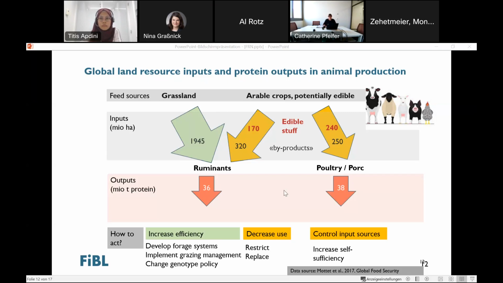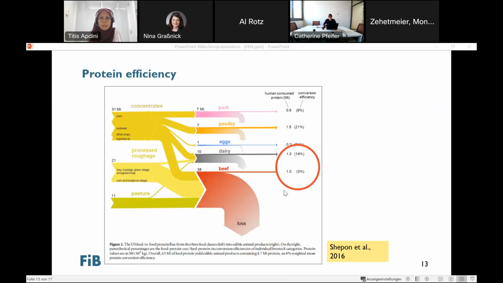Well, we understand ruminants, non-ruminants. We found this paper, which I don't even want to go fully into the detail, but what you see is the conversion efficiency. So how much protein do you get out from the product that went into the animal? Well, clearly those animals or products which are in direct competition with human food perform better, like poultry performs better.